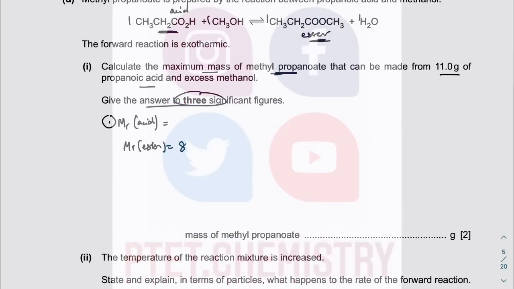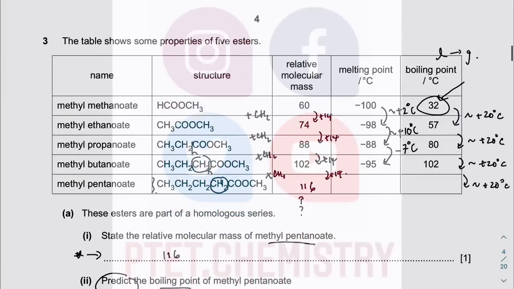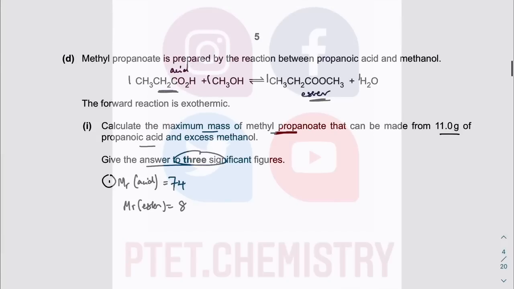For the acid itself, you can just work out the molar mass. There's 12 plus 3 plus 12 plus 2 plus 12 plus 16 times 2 plus 1. That is 74, and then the molecular mass of the ester, methyl propanoate, is 88.